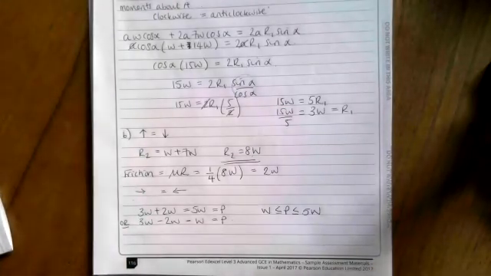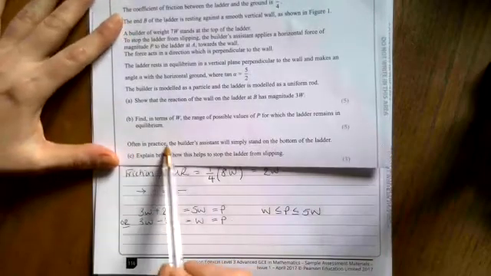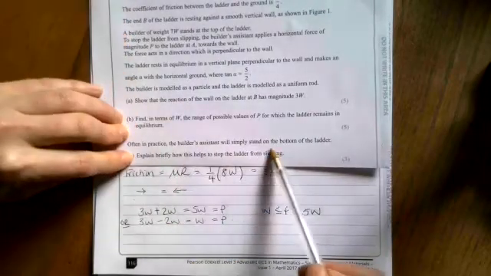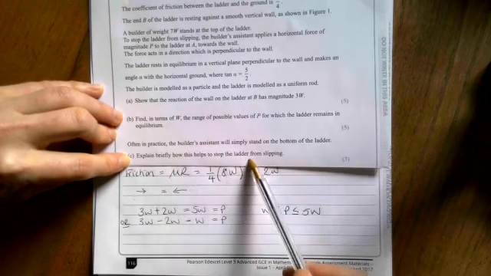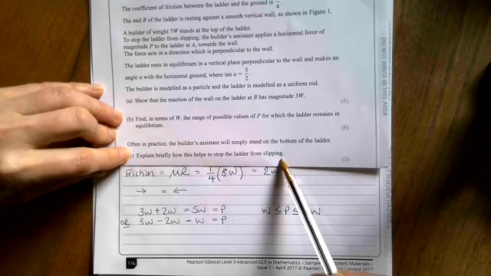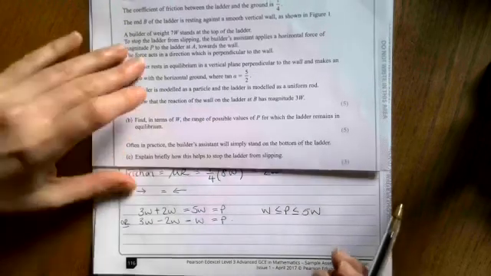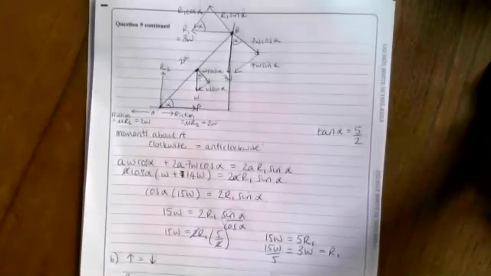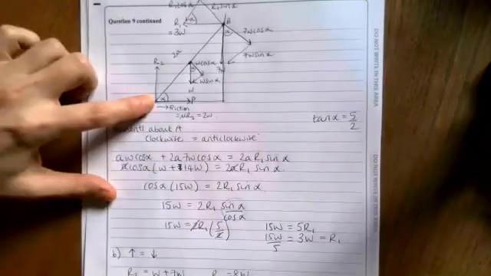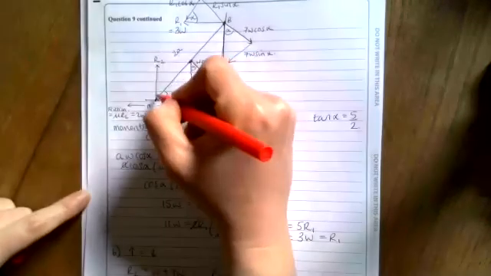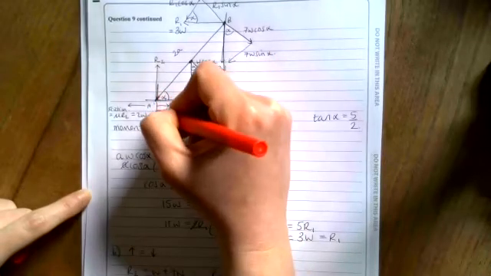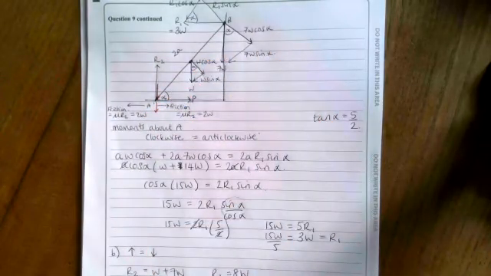Now, part C of the question says, often in practice, the builder's assistant will simply stand on the bottom of the ladder. Explain briefly how this helps stop the ladder from slipping. So let's go back to our diagram. So often in practice, our builder's assistant will stand here and the force will go downwards.